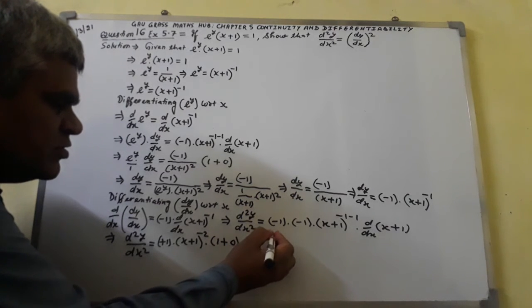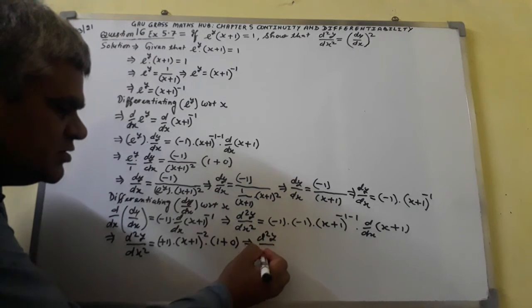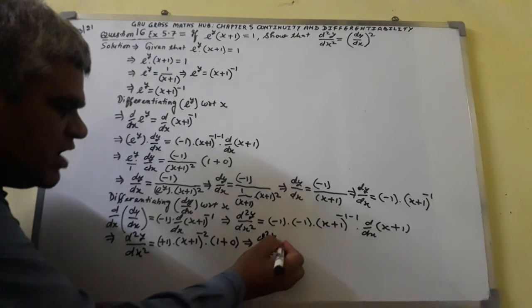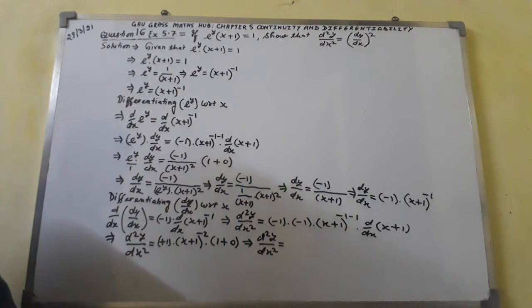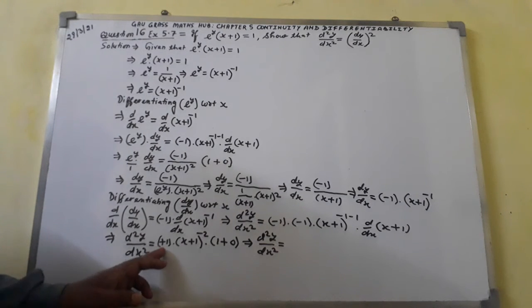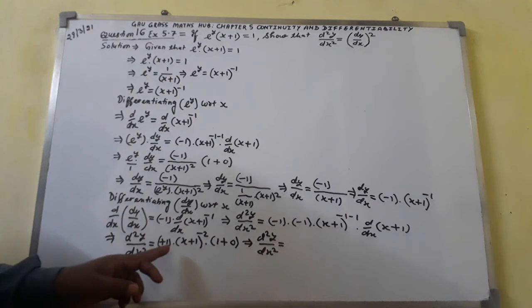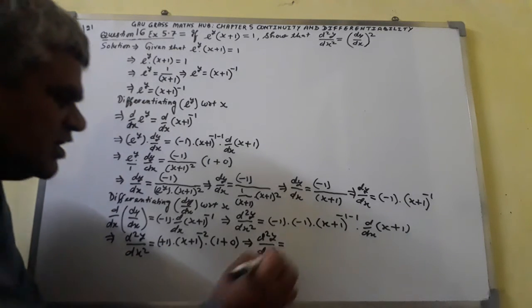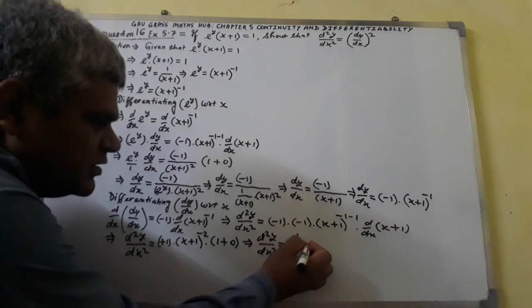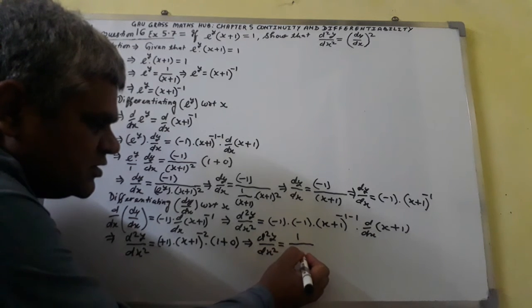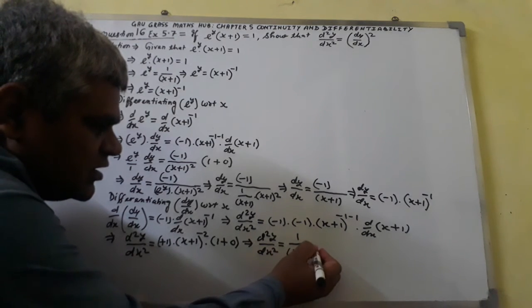So it will become d square y over dx square equal to, plus 1 will multiply together, you will get here 1 over x plus 1 whole square.